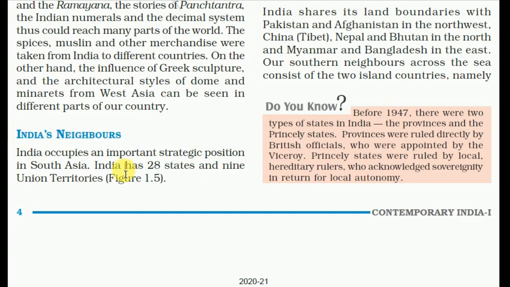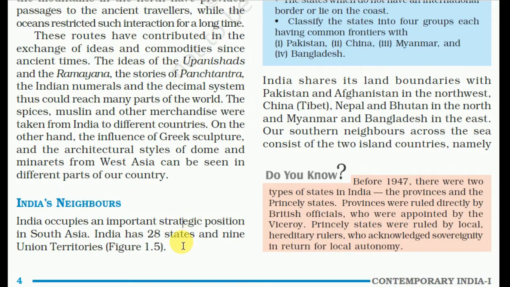India's neighbors. India occupies an important strategic position in South Asia. India had 28 states, now there are 27 states, and about 10 union territories after the Jammu and Kashmir partition.